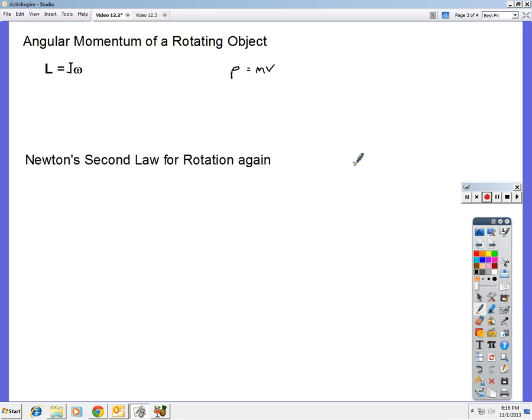And in this case, the vector L will be defined, because remember omega and L are vectors.